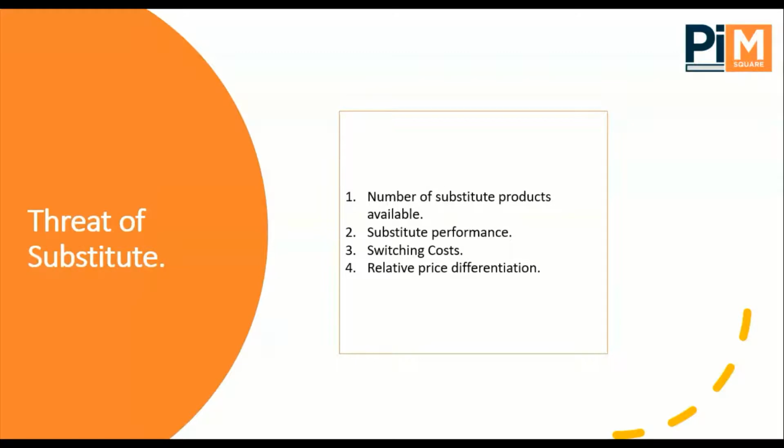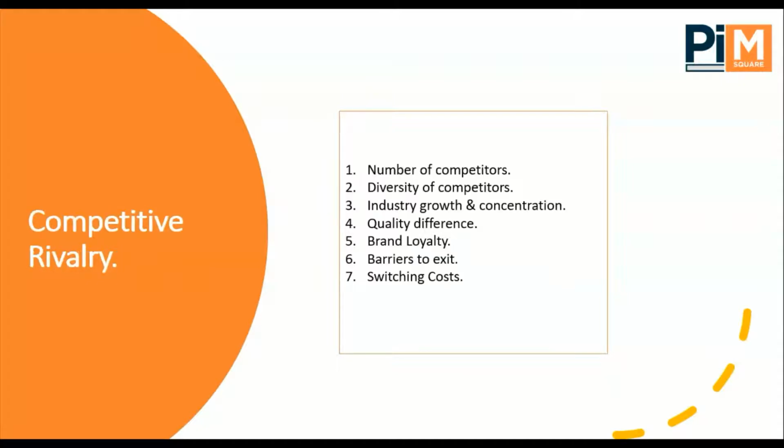So these are for the new entrants. And substitutes, the same way around, they should understand what substitute products are available in the market, how the substitutes perform, what the switching costs are for the customer, and what the relative price difference is between your product and the substitute product.